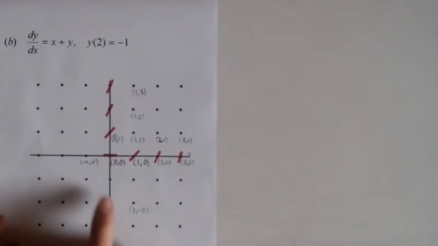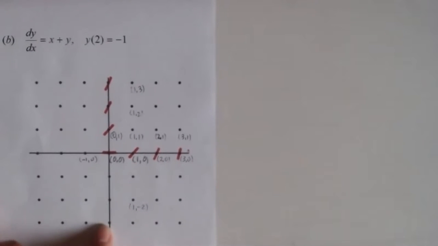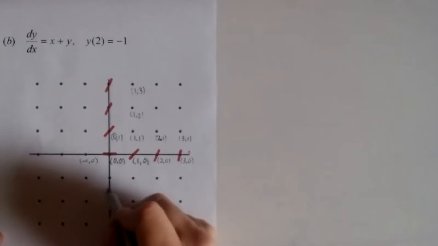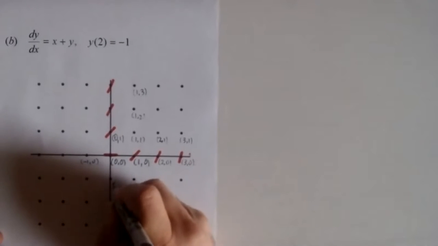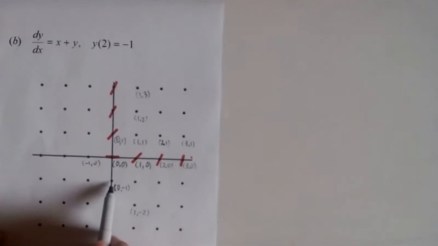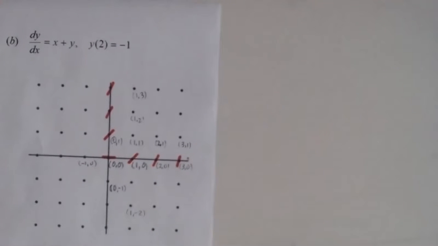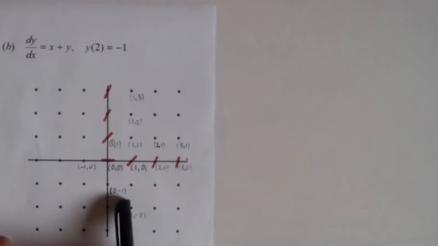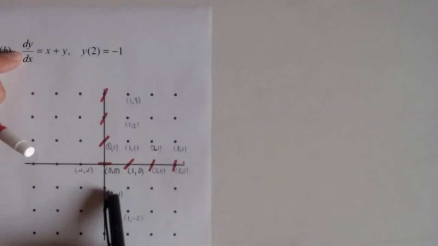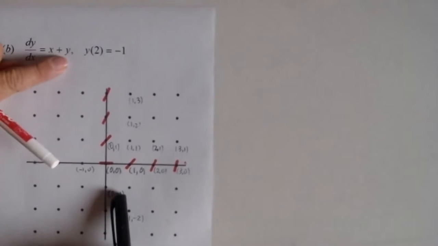Now I'm going to do this axis, right? Okay, this is the point 0, -1, correct? X and Y. So the slope of this derivative, of the slope in this slope field for this point, is 0 plus -1, right? That's -1.